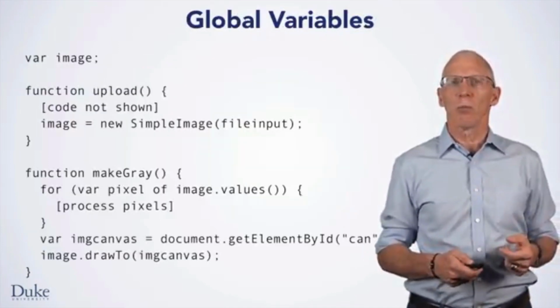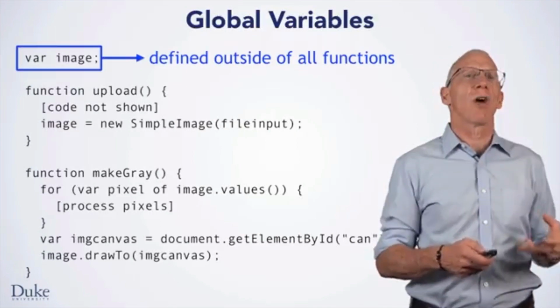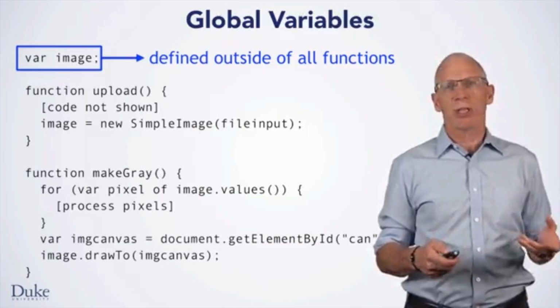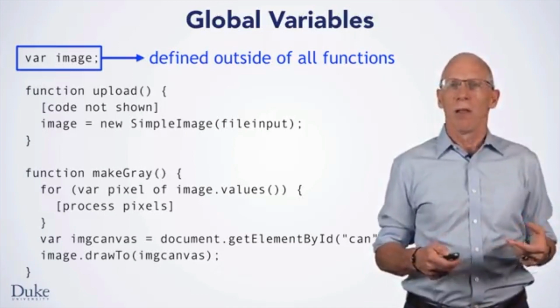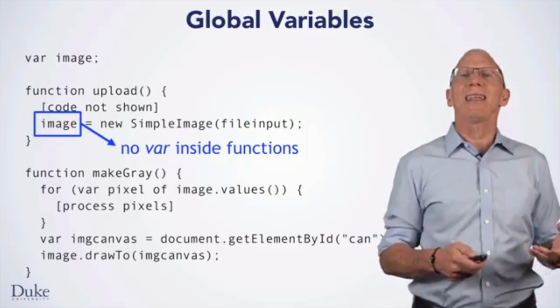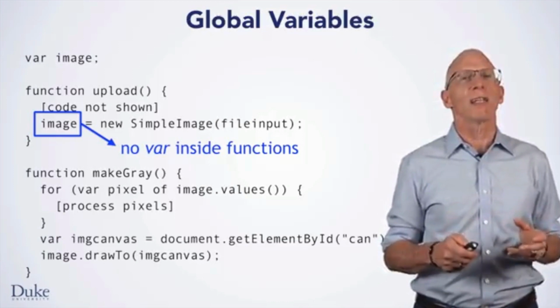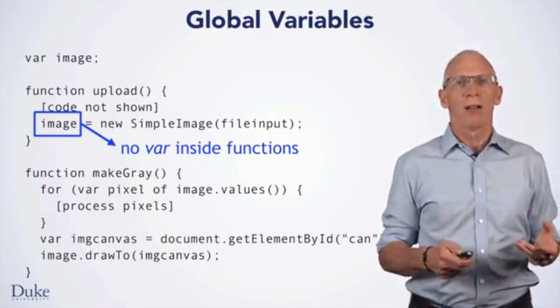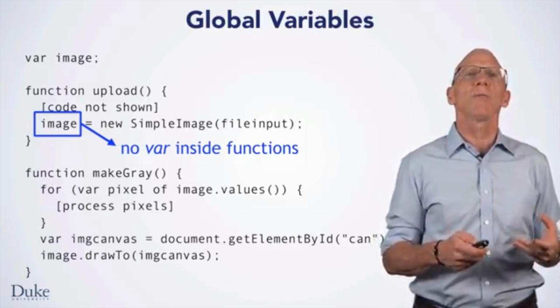Let's see how to use global variables in code. A global variable is defined outside of all the functions, using the same JavaScript keyword var to create the variable. The global variable can be used in each function without using var. Remember that using var creates a new variable. Here, the variable image is assigned the value of calling new SimpleImage.